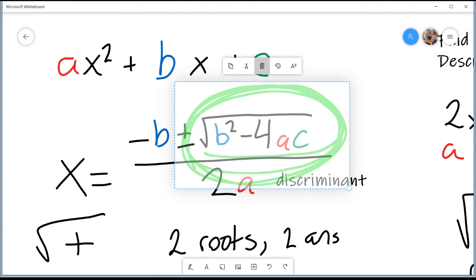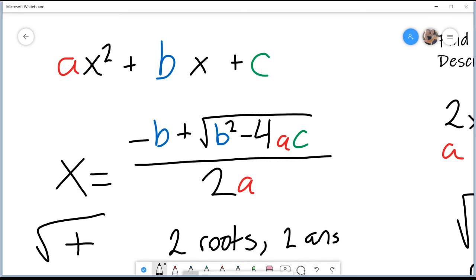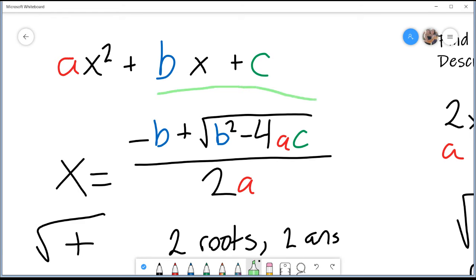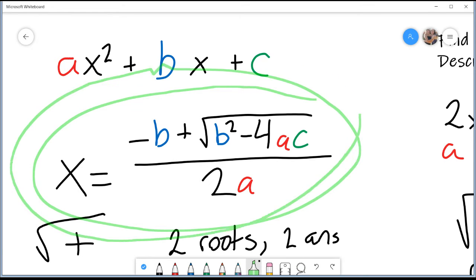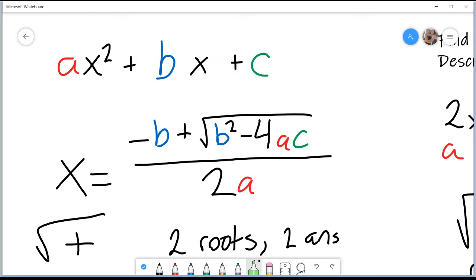Let's see if I can just delete that. Wonderful. This is the entire quadratic formula, which you should memorize because it will be very helpful when you are solving these types of equations. You will continue to use this in your other algebra studies, including Algebra 2 and beyond.